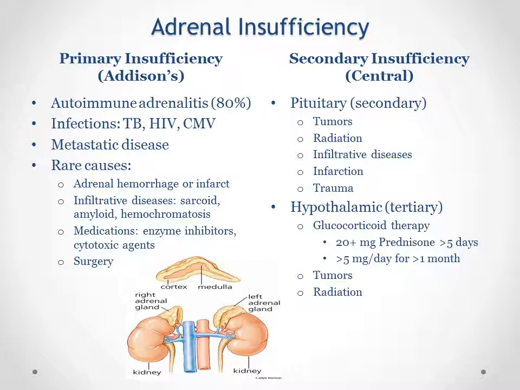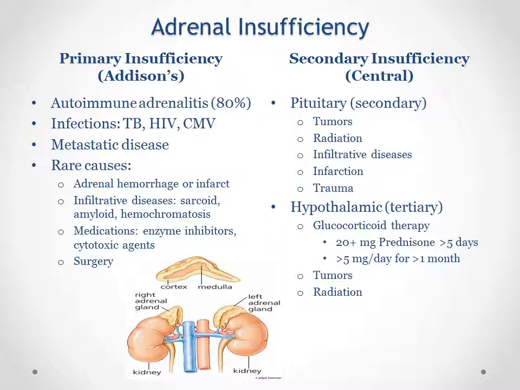When we look at secondary or tertiary adrenal insufficiency, the pituitary gland can be implicated with things such as tumors, after effects of radiation, infiltrative diseases, cerebral infarcts, or trauma. The hypothalamic area is responsible for the tertiary causes of adrenal insufficiency.